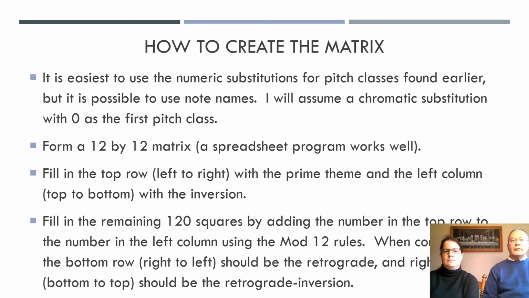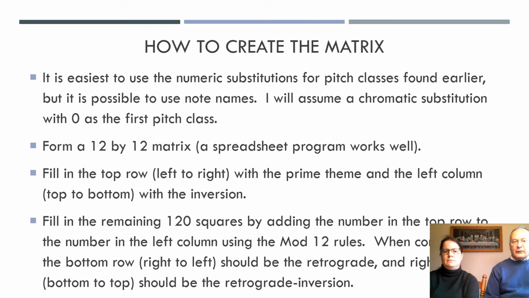In order to create the matrix, it's easiest to follow these steps. Use numerics first. Use the numeric substitutions for pitch classes that were discussed earlier, but it's also possible to use note names. Cindy, as mentioned earlier, likes to use a chromatic substitution with 0 as the first pitch class.